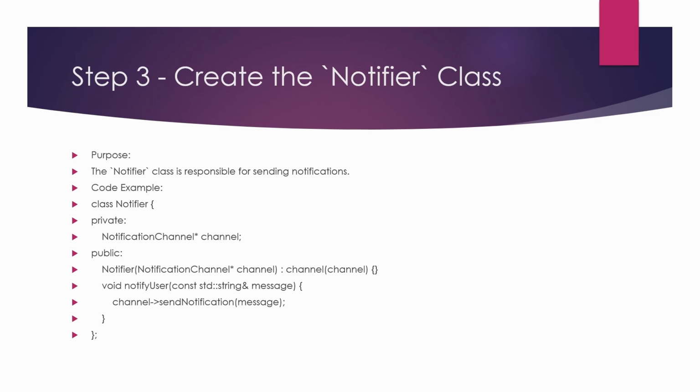Next, we create the notifier class. This class is responsible for sending the notification. It holds a reference to a notification channel and calls the send notification method on it. The notifier class allows us to switch between different notification channels without modifying the core notification logic.